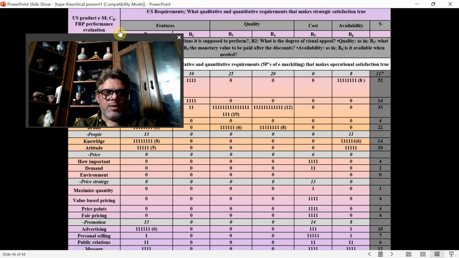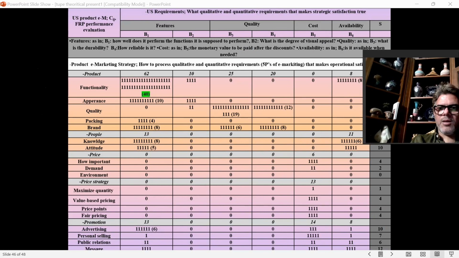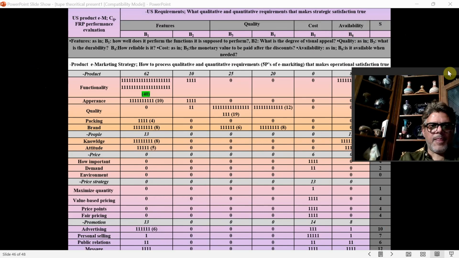So basically, here we can see the user satisfaction: features, quality, cost, availability. The features we decided to be 2 questions that are independent and ambiguous, but there is a process between B1 and B2. Now, let's say I choose features, quality, cost, availability, but you choose features, cost, availability, quality.